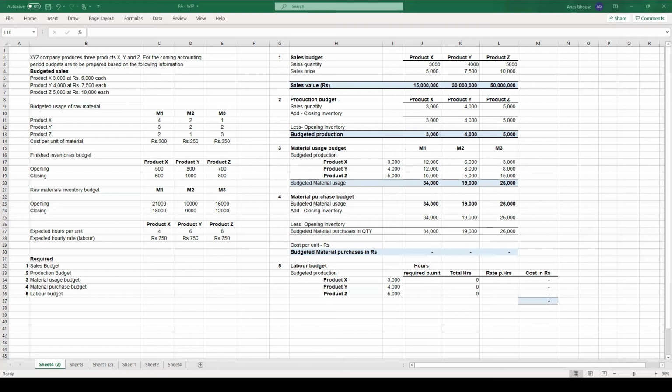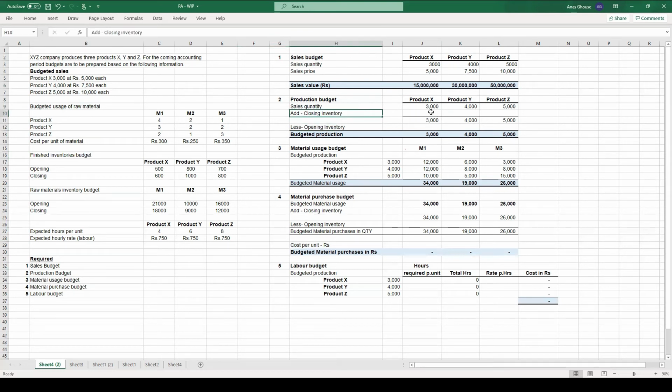For that purpose, we need to subtract the inventory that we already have in stock, and we need to add the inventory requirements to identify the production requirement. Since you know the sales quantity and you are given the finished inventory budget, the closing inventory. Why do we need to add closing inventory?